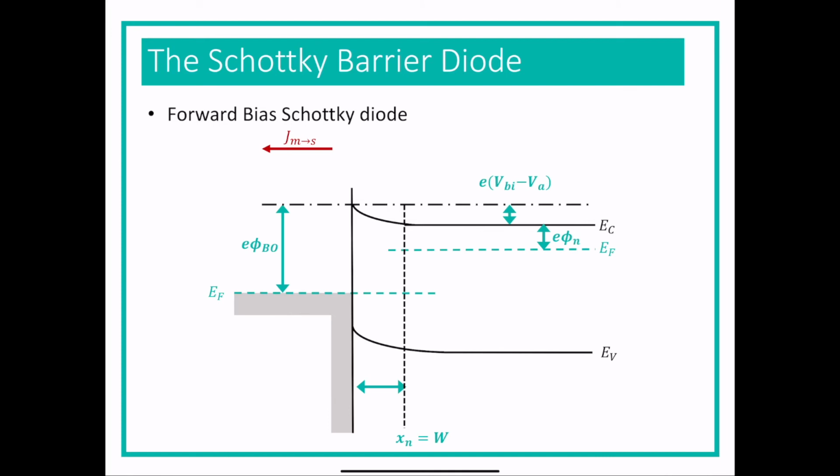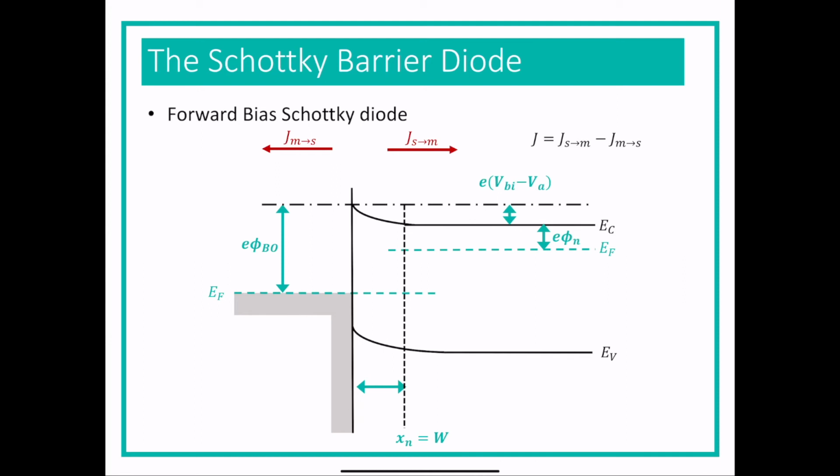The electrons on the semiconductor side are also going through the barrier, and they are creating a current density in the opposite direction. And the total current is just going to be the semiconductor to metal current density minus the metal to semiconductor current density.